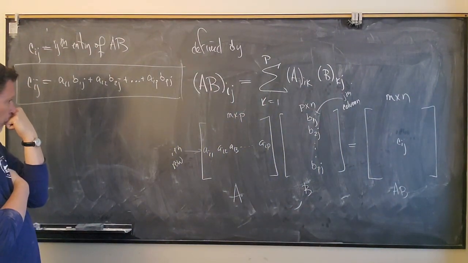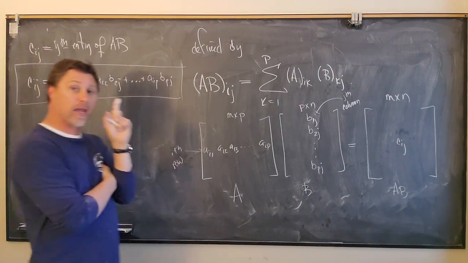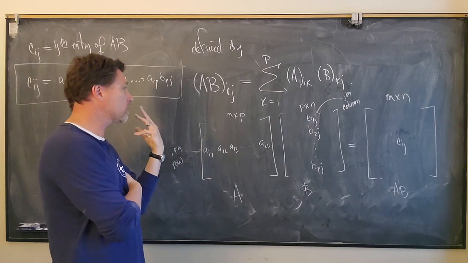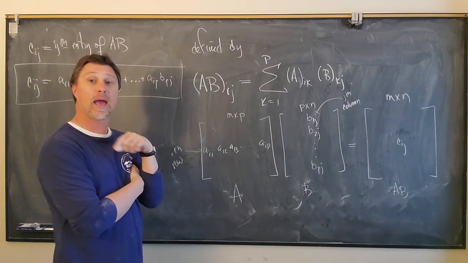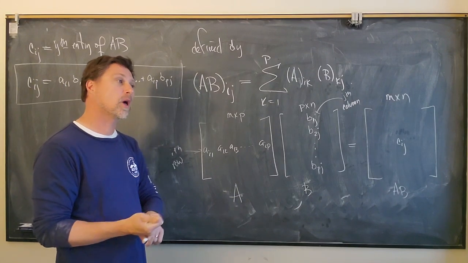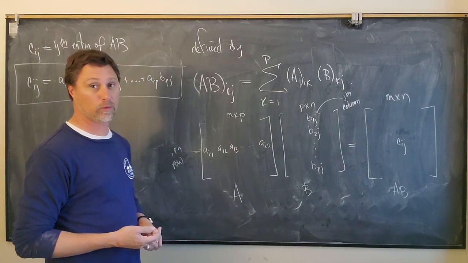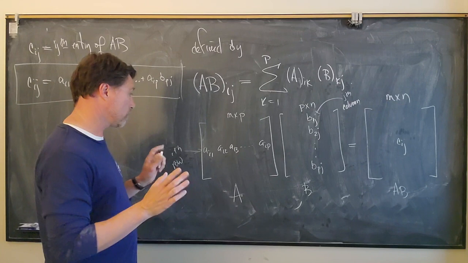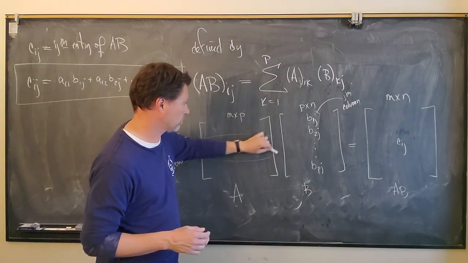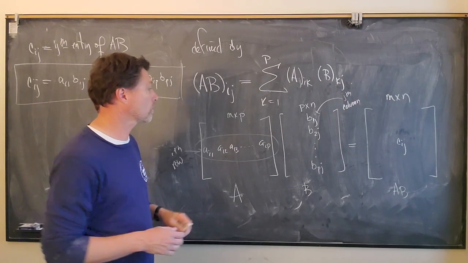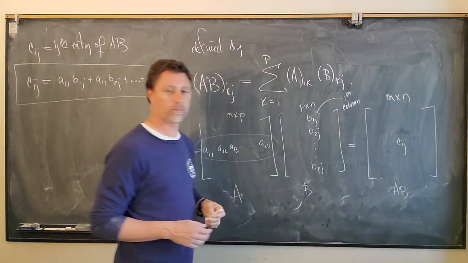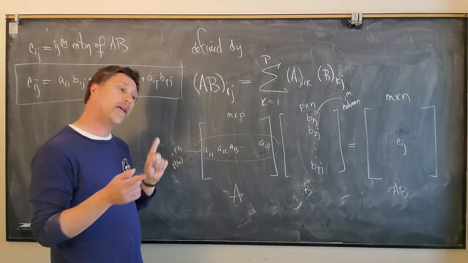But one thing that this should remind you of is a dot product. You can think of the entries of AB as being obtained in exactly the same way that you computed dot products when you were learning about vectors in Math 143. So what are we doing? Take that row vector, that column, think of it as a column vector, and take their dot product.